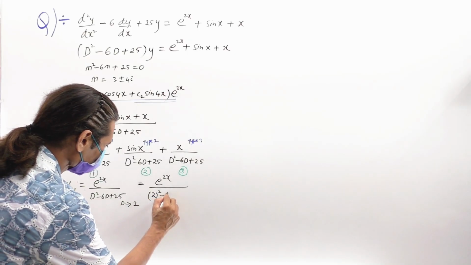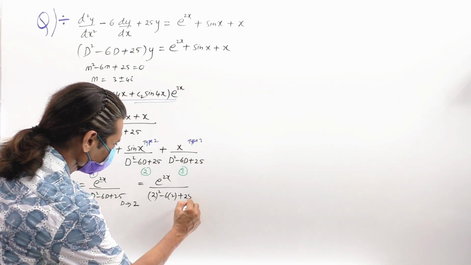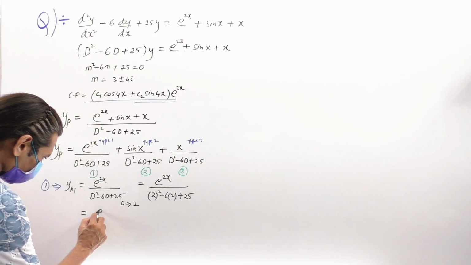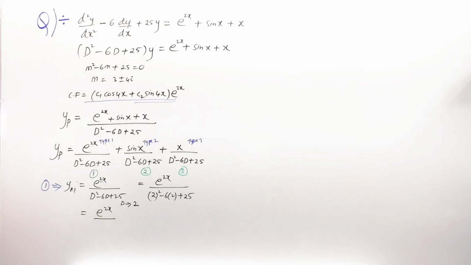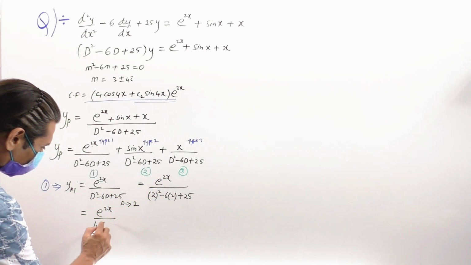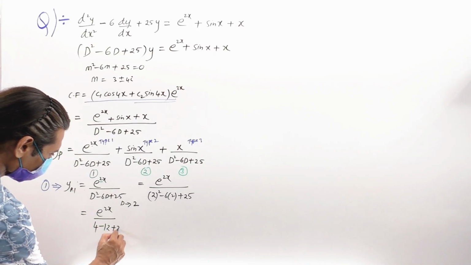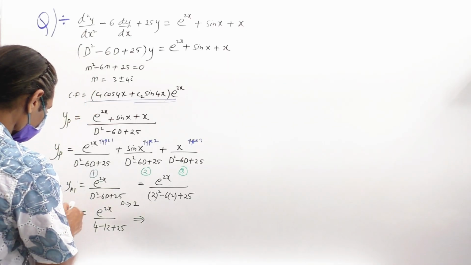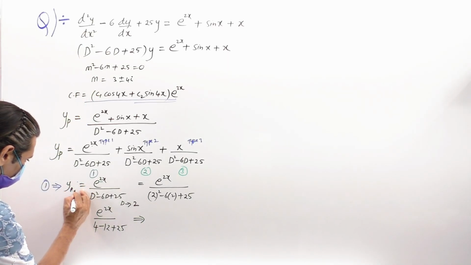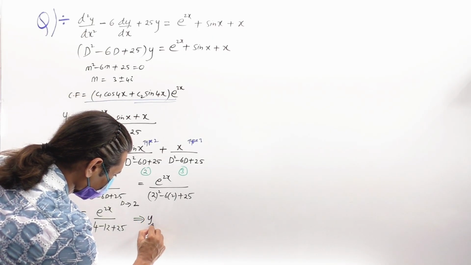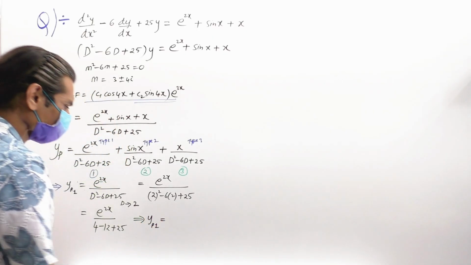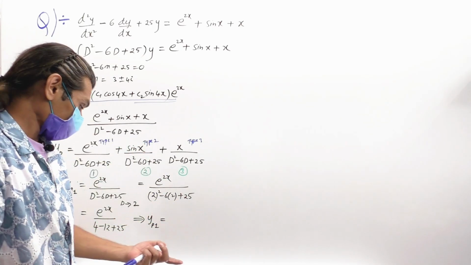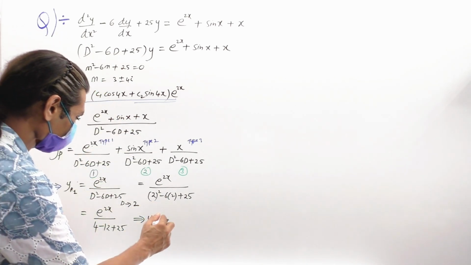I am writing each and every step here perfectly, because I know many of you students still lack in basics, and I do not want to miss any step. So e raised to 2x whole divided by 4, 2 square is 4, minus 6 twos are 12, plus 25. That implies yp1 is equal to e raised to 2x divided by, 4 minus 12 is minus 8, 25 minus 8 is 17.